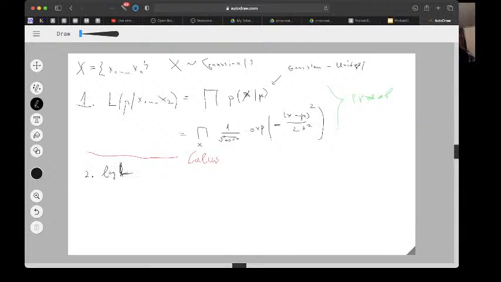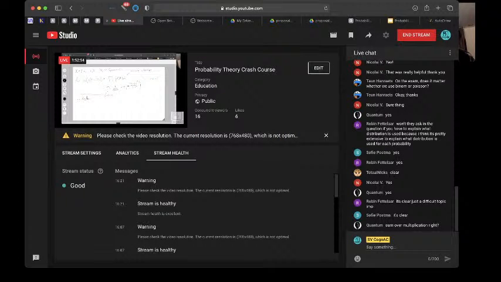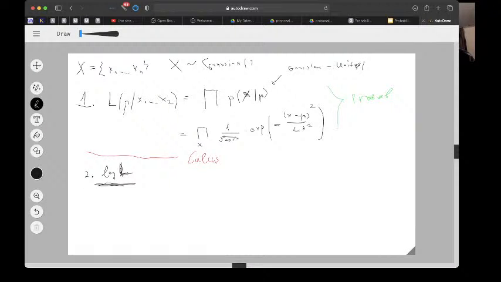When you start reading papers on machine learning, you see that the log likelihood is used everywhere. So we just want to apply the log.